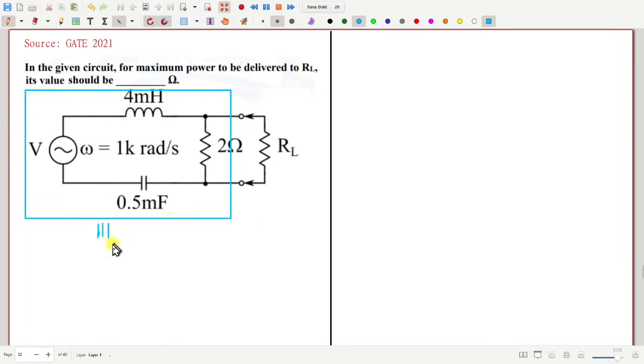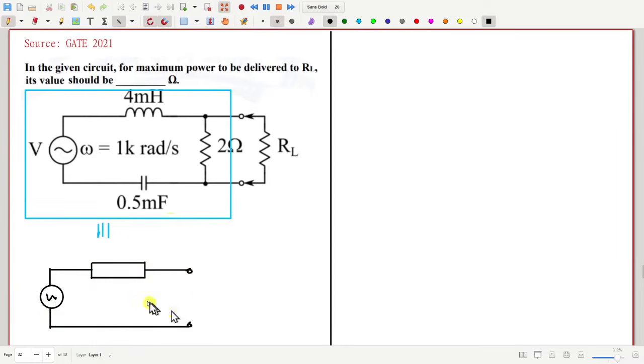Let us first find the Thevenin equivalent of this part. What will be the Thevenin equivalent? Some voltage source together with some impedance. Call that ZTH.